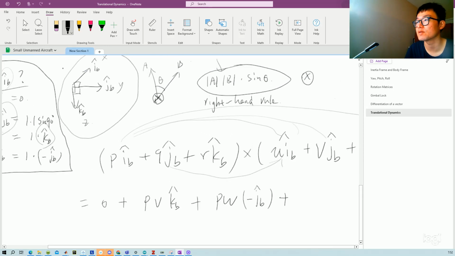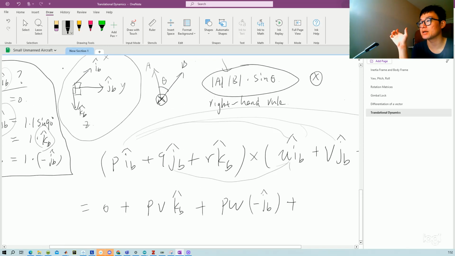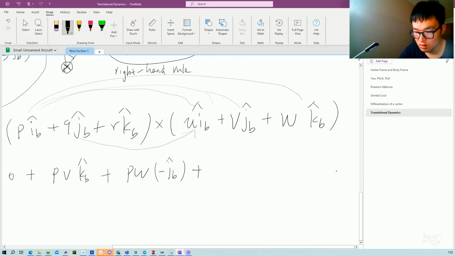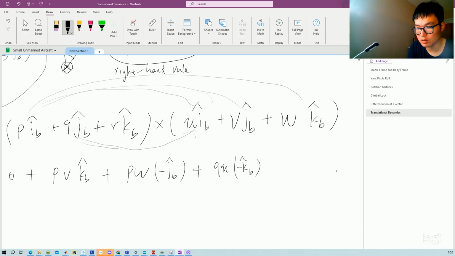Let's prove it: from JB hat curling towards IB hat, it gives you negative KB. So here we have QU negative KB hat, and here is 0.